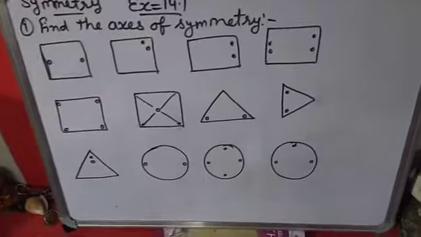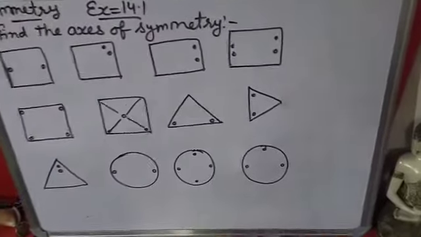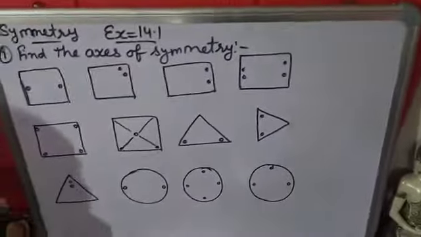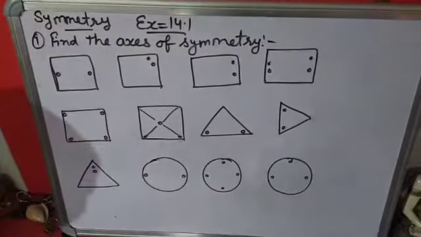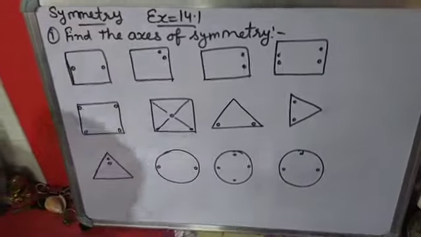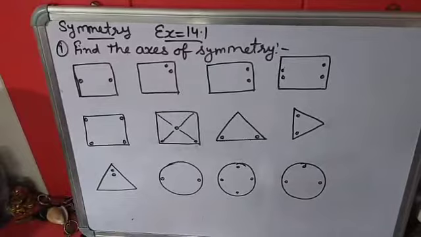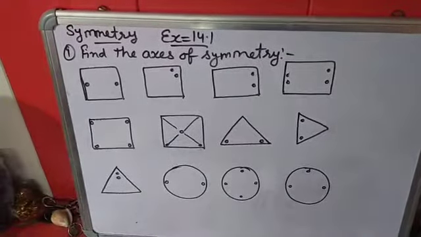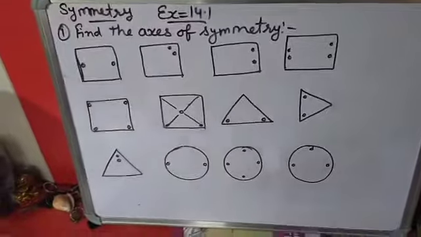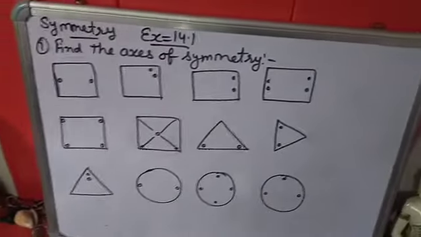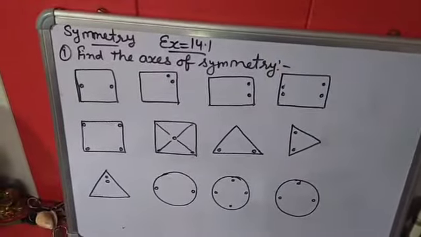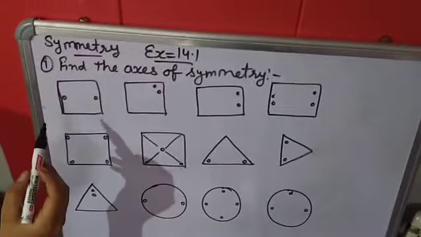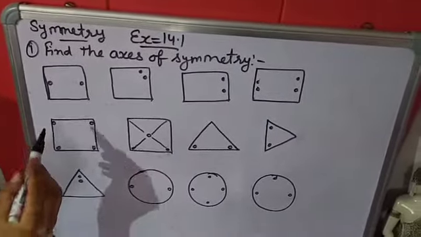Symmetry lines divide the figure into equal parts. Okay? In this exercise, the first question is to copy the figures with punched holes. These are punched holes, and find the axis of symmetry for the following. Okay? So in the first figure, how will we find the axis of symmetry?